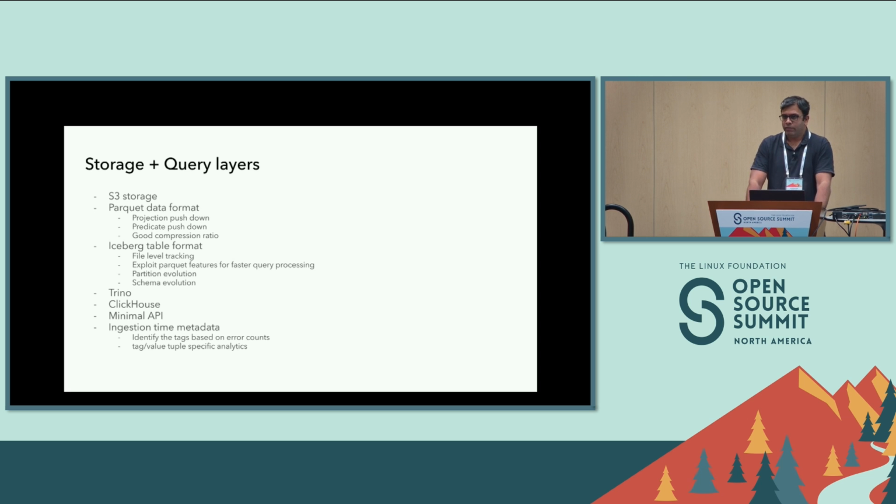Minimal API. We had a debate about this, whether to build an API around this data query layer or just expose the SQL as is.